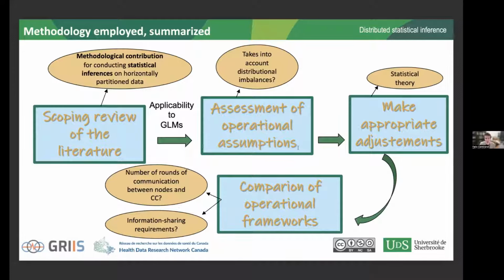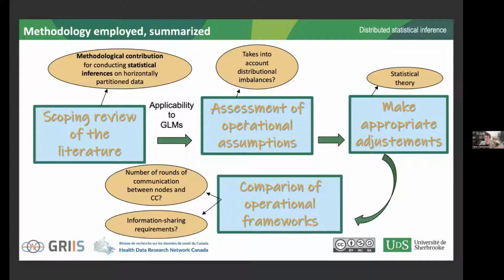And then from those, we assessed which ones were applicable to GLM-based analyses. And we assessed their operational assumptions. So what are the assumptions that must be met in order to use this method? Do I need to have IID data to use their algorithm?